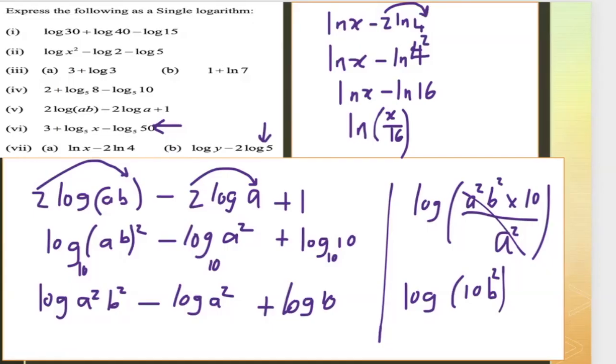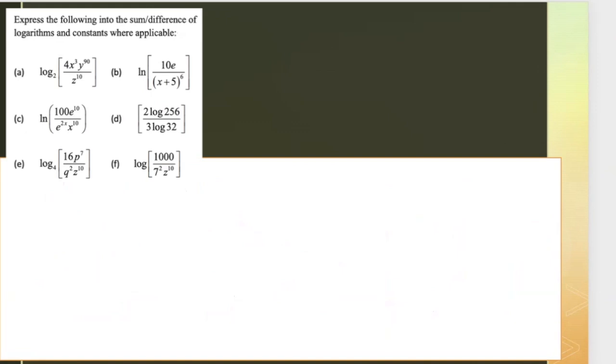We're going to continue the activity. So this activity is asking us to expand the following, right, as a sum or difference. And if there's a constant, then we will write the constant, if there is one.